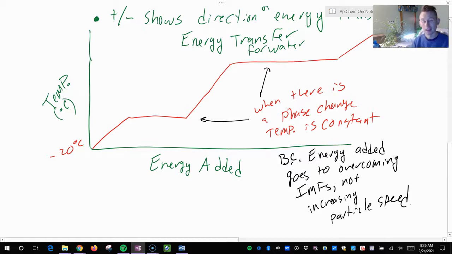Since the temperature is not changing, we cannot use the Q equals mc delta T equation anymore, because there's no change in temperature.